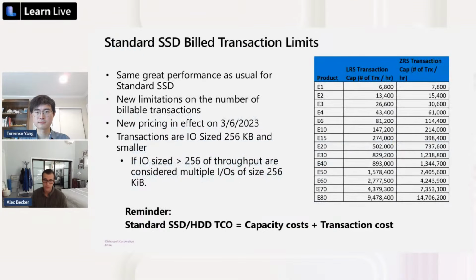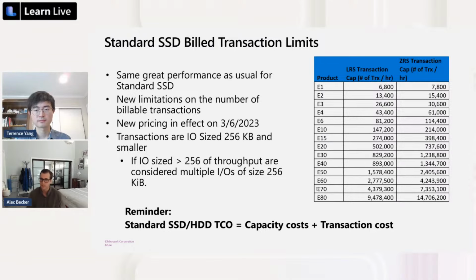So I want to now talk about the transaction costs. Standard HDD and standard SSD have transaction costs associated with the activity that is done against those disks. And recently, about a month and a half ago, we introduced new limits on the standard SSD billed transactions. You still get the same great performance that you get with standard SSD, but now we have upper limits on how much we will charge you for transactions in a given hour.